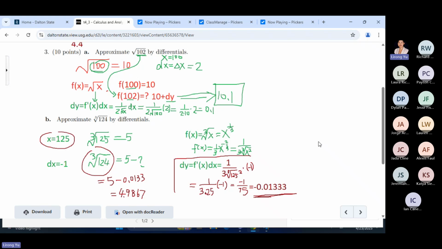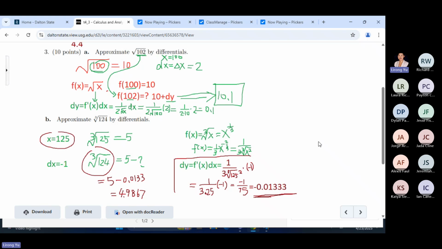In this case, we plug in 100 for the derivative, and dx is calculated by subtraction, so dx is actually 2. We figure out the change is 0.1. So the final answer will be 10.1 in the first approximation. Any questions?